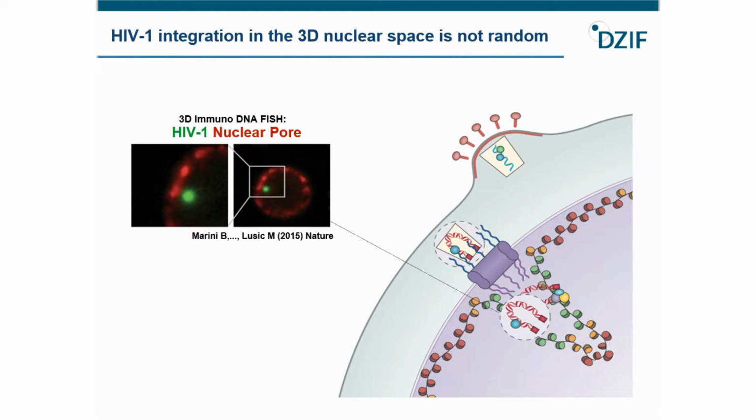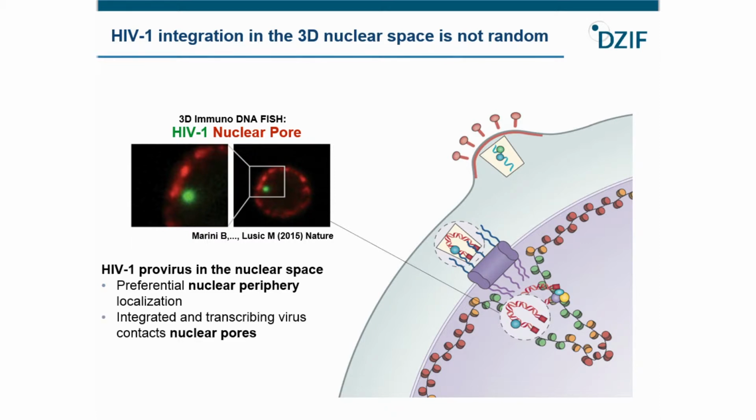Using a combination of techniques, we observed that HIV integrates preferentially in the outer shells of the nucleus, in the proximity of the nuclear pore compartment. This is exactly where the transcribing virus resides.